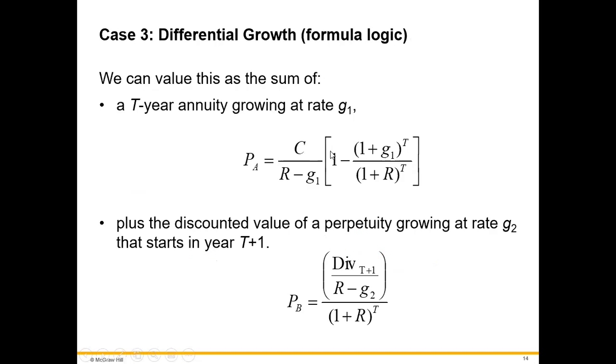So here's how we determine the value of this growing annuity, and that's basically what it is, at a rate of G1, growth rate 1. I think the first one was 15%.